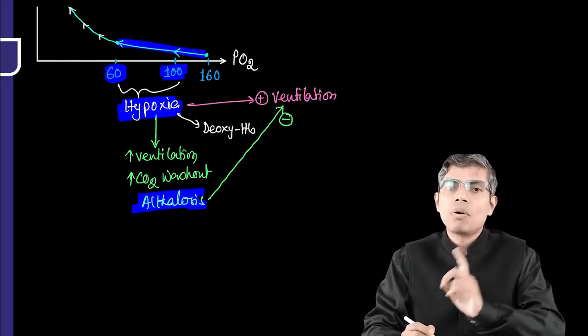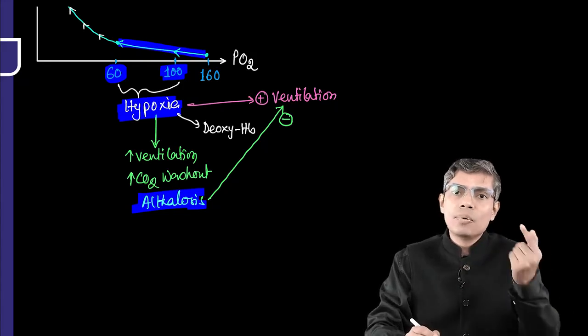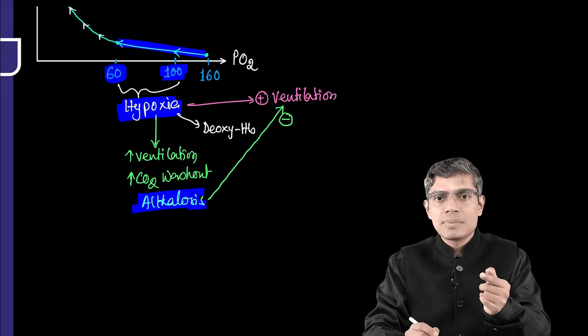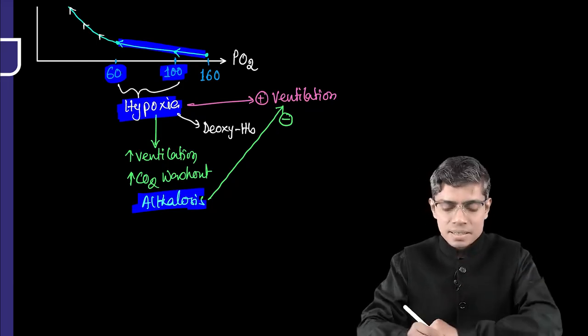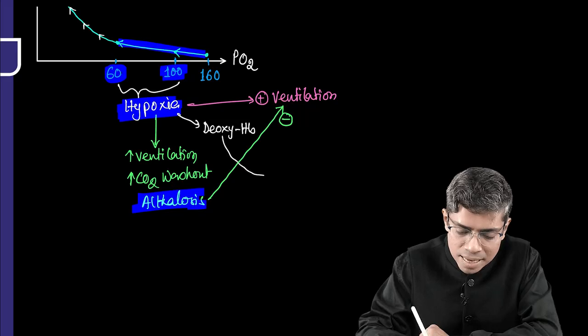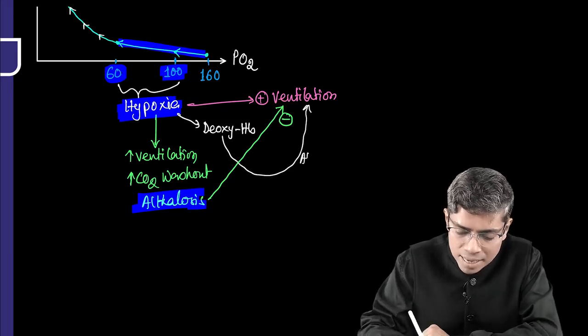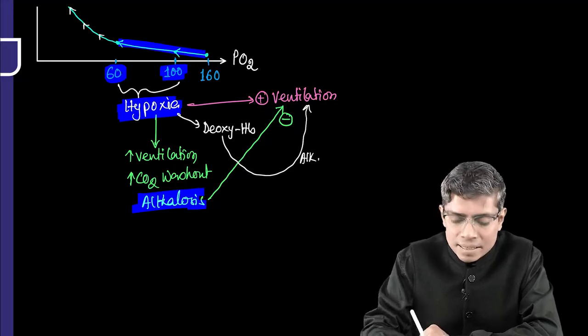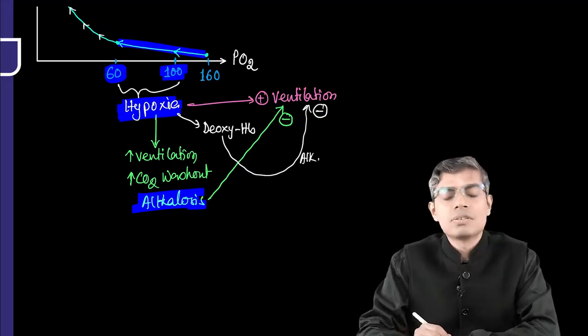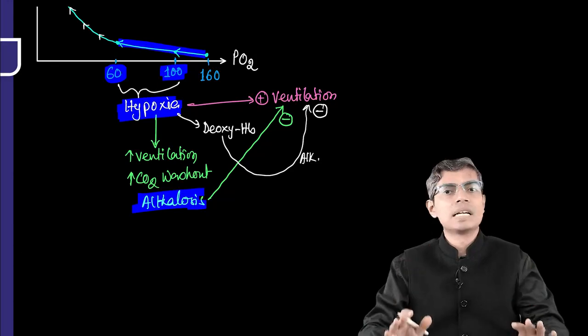You know, oxyhemoglobin is more acidic and deoxyhemoglobin is less acidic. It means deoxyhemoglobin is like alkali. So if it is like alkali, what will it do to ventilation? It will also try to inhibit the ventilation.